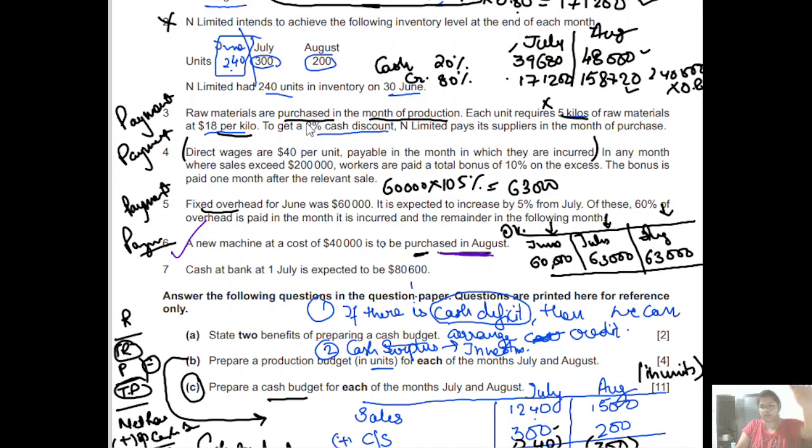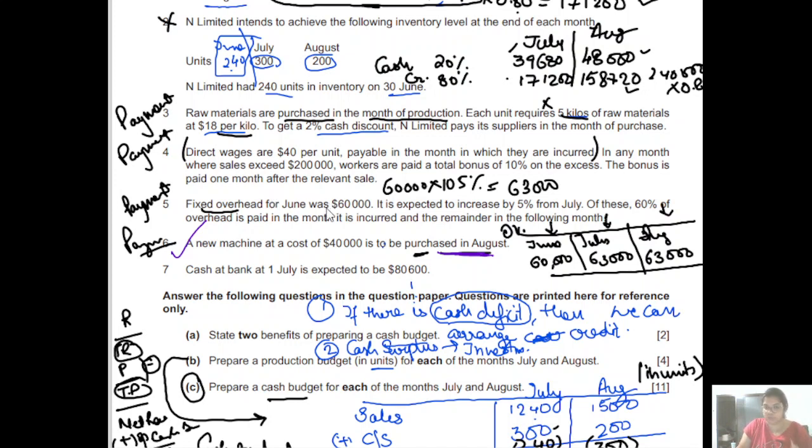It is given in your question. They said if you exceed $200, the workers are paid a bonus of 10% on the excess, and the bonus is paid in the month after the relevant sales.